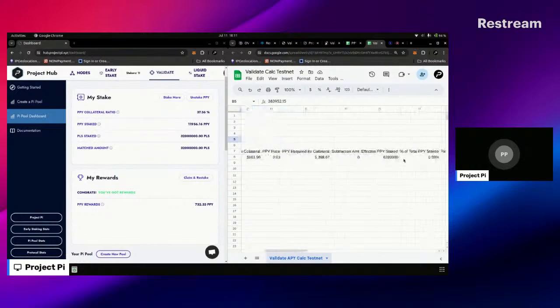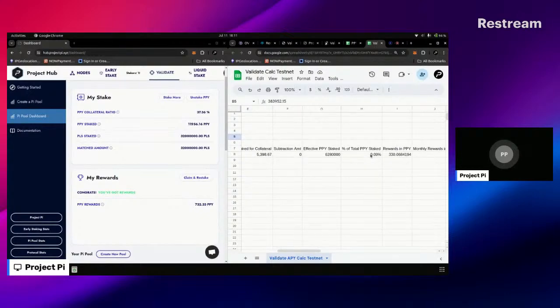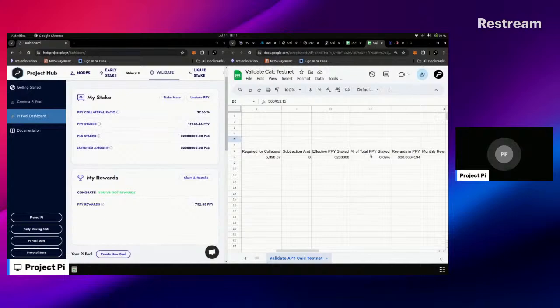Then I had to add in some stuff that relates to what I built as far as the smart contracts. So the subtraction amount and the effective PPY staked, there's a calculation inside for that too. It's showing that the percentage of total PPY staked for this individual is 0.09%.